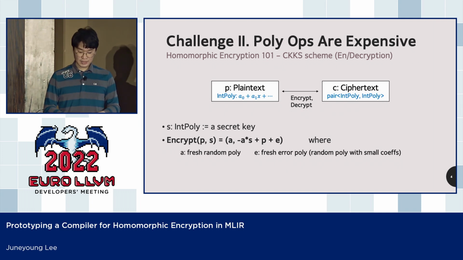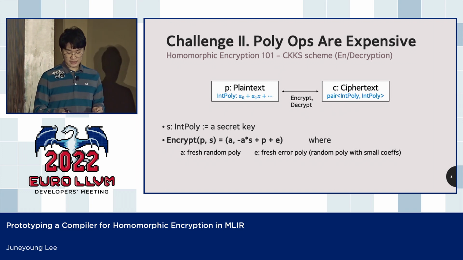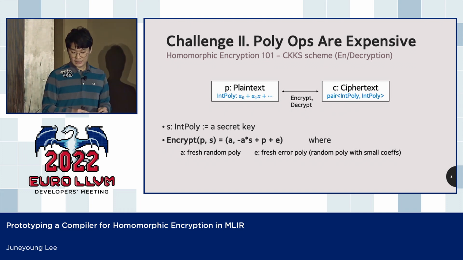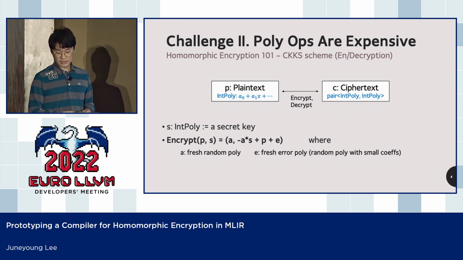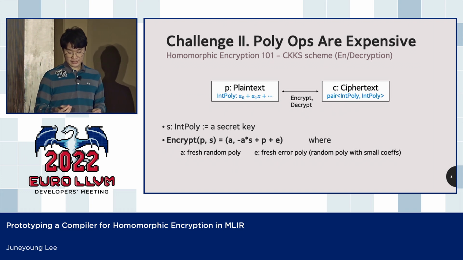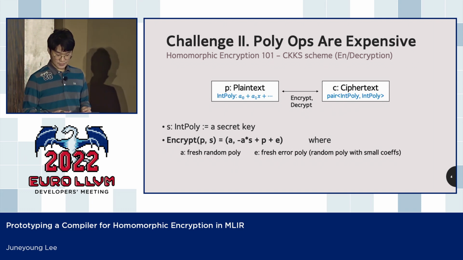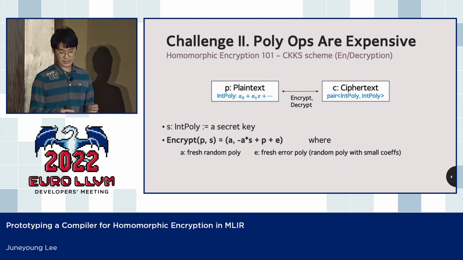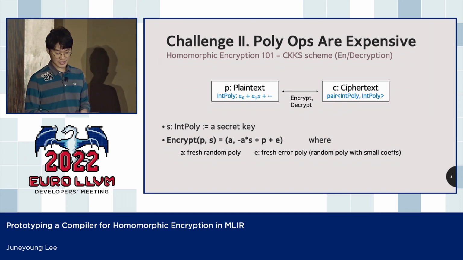Given a plain text P, which is another integer polynomial, the ciphertext, since it is a pair of integer polynomials, consists of two elements. The first element is a freshly chosen random polynomial, and the second element is some expression on the polynomials with a fresh small error added, described as plus e.